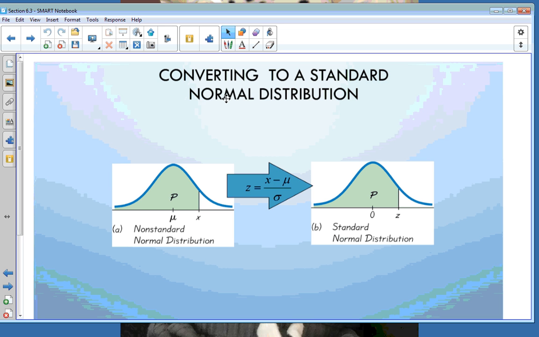We're taking a non-standard normal distribution, meaning mu is not equal to 0. It could be that mu is equal to 98.6, because that's our mean body temperature. We're converting them to z-scores so that we can look at the areas under the curve for the standard normal distribution.